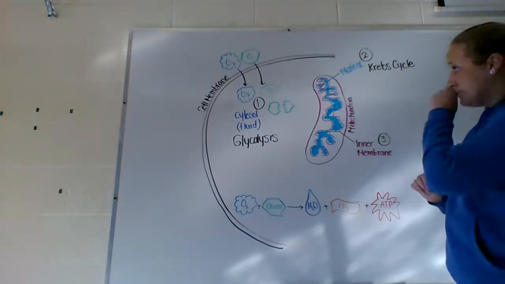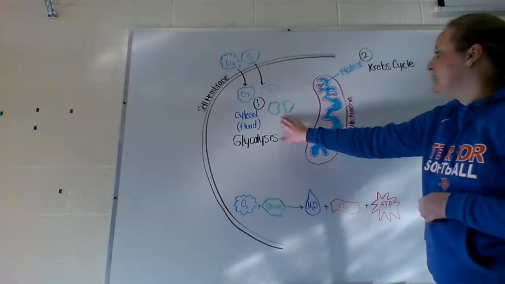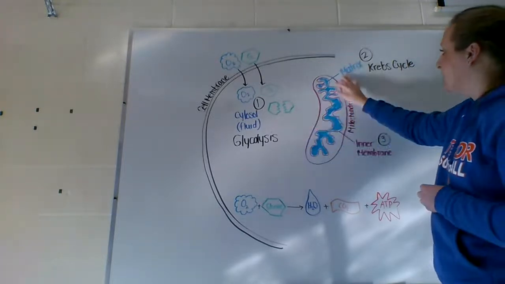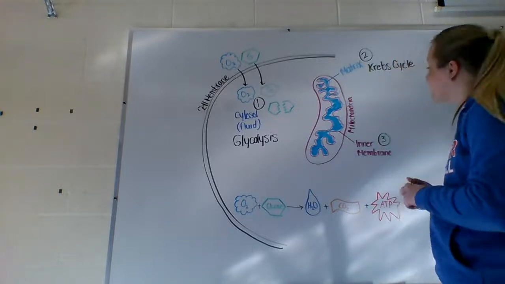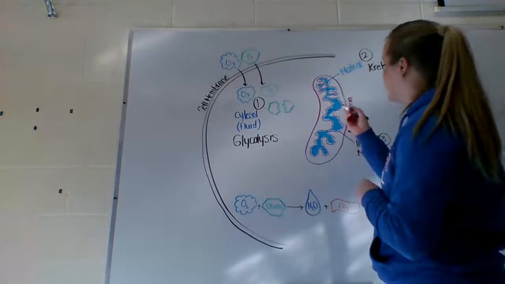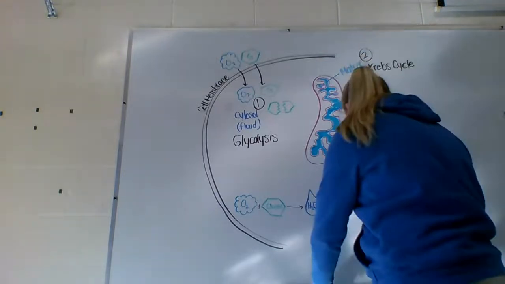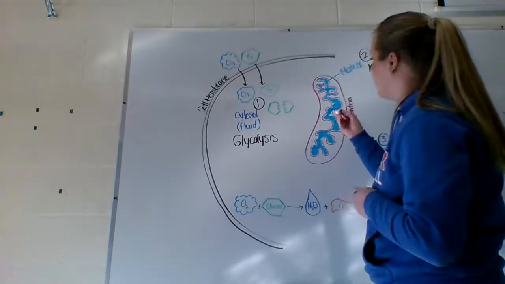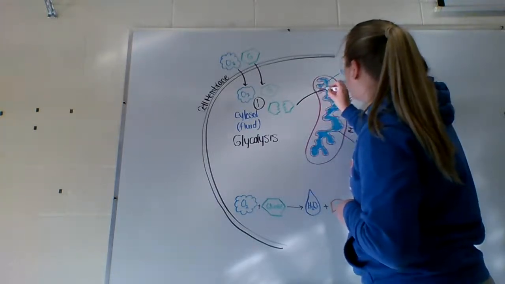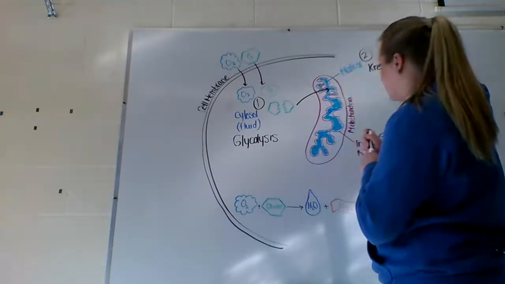These two pyruvic acid molecules are going to come over here and enter the matrix of the mitochondria. I'm just going to draw some arrows to show the movement of these molecules. So they are going to enter the matrix.